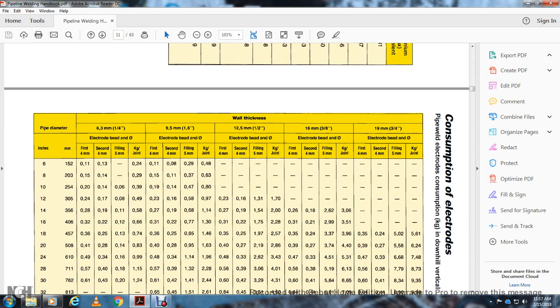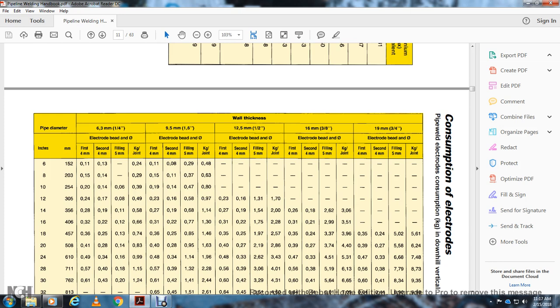Pipe diameter in inches and millimeters, 6.3 or 1/4 inch electrode bead, first millimeter, 4 millimeters, second millimeter, filling with a 5 millimeter, kilograms of joint. 9.5 or 3/8 inch electrode bead, first 4 millimeters, second millimeter, 5 millimeter filling, kilos per joint. 1/2 inch electrode bead, 4 millimeter, second millimeter, 5 millimeter, kilos per joint. 3/8 inch electrode bead. First millimeter, second millimeter, and root, filling with 9 millimeter bead with the first, second, and filling with the cutoff point.